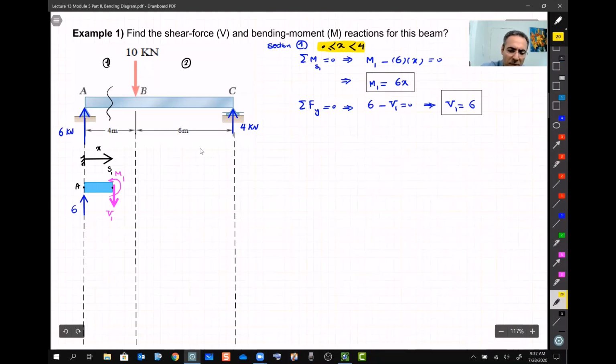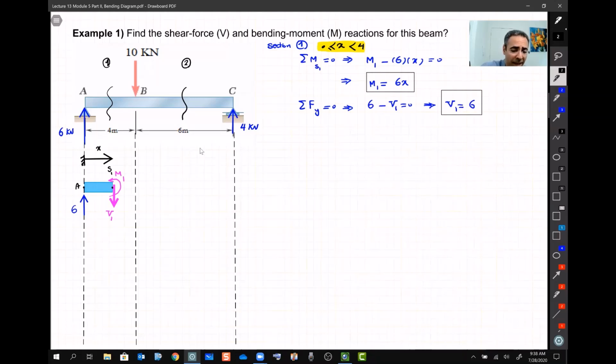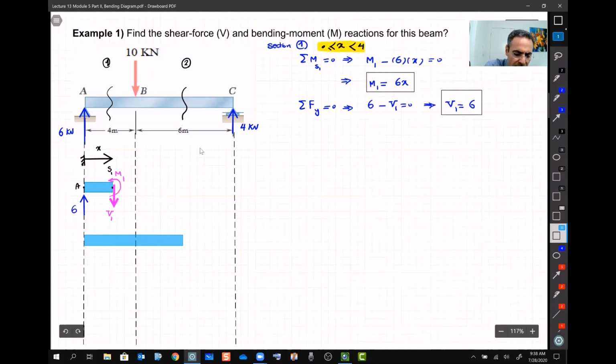And we need to do similar things for section 2. We section it somewhere here, okay? And we draw the free body diagram. Because this is the first example, let's try both left and right and see what happens. So free body diagram, this is my section, right?